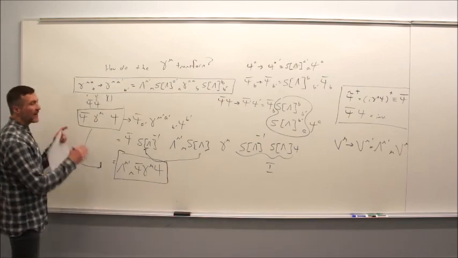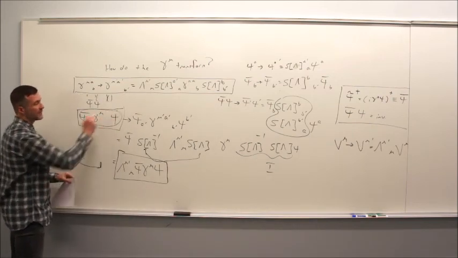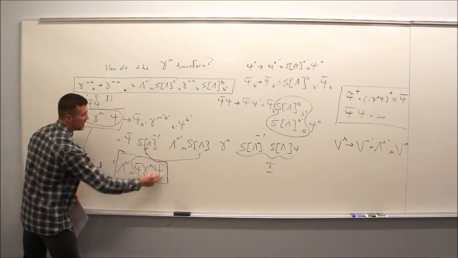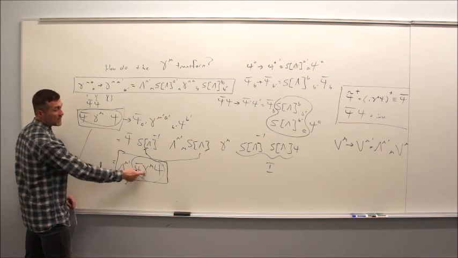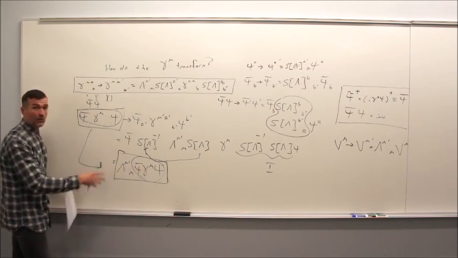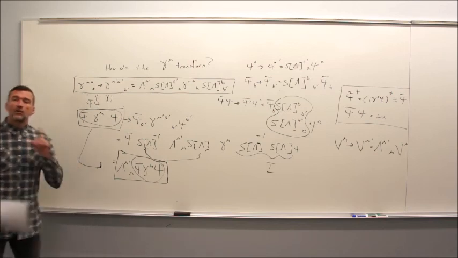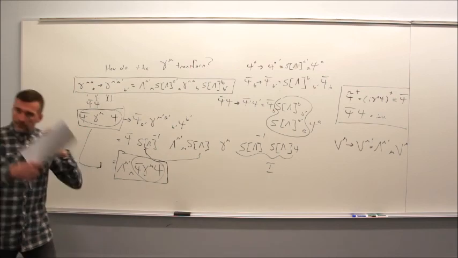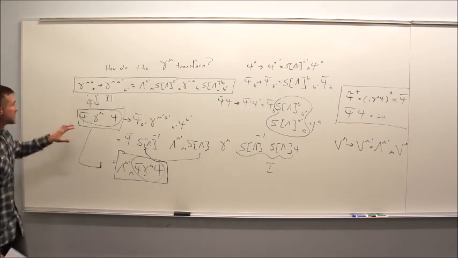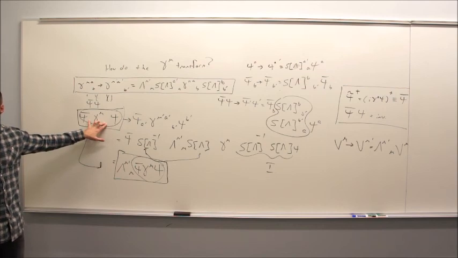If I squint my eyes and ignore that this is some really big fancy name of something, I have something that goes to a lambda mu prime mu times what I started with. What kind of object is this? Vector. It's a vector. Gotcha. Okay? So what we've done is, starting with spinors and things that act in spin space, by forming this combination, we've created a space-time vector.